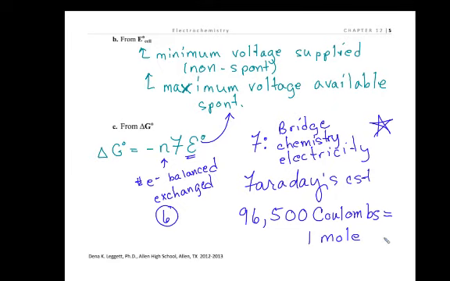It's a unit equality. So 1 mole of electrons that are transferred. Very, very important constant.